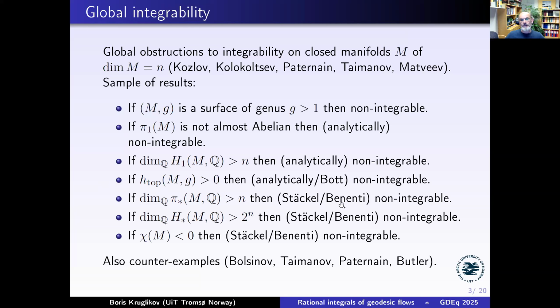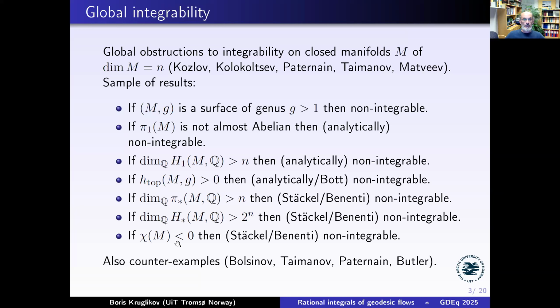This system appears in separation of variables. A very similar story, a homological criterion, but with a bigger estimate, and of course here H_* is finite-dimensional, summation over star. And one more: if the Euler characteristic is negative, then the same conclusion.